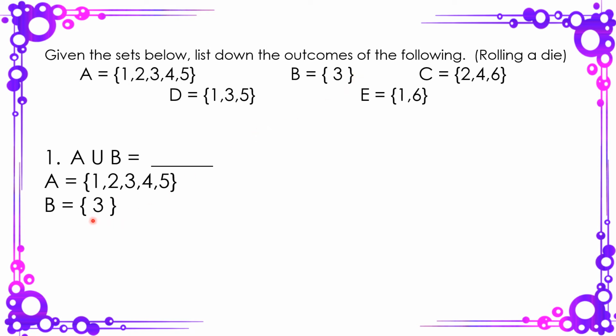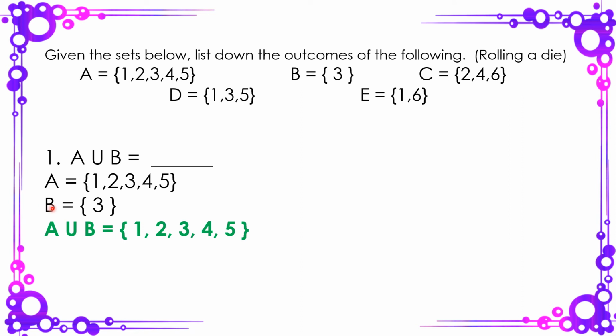And then write all the outcomes for A and B. So we have 1, 2, 3. You see here that 3 appears twice, but it is the same, so you will write it once. 3, 4, and 5. When we say union, it is the elements in A and B.